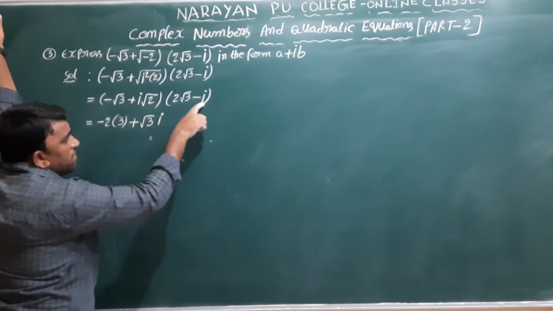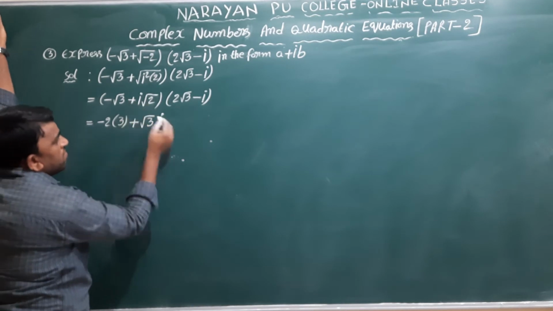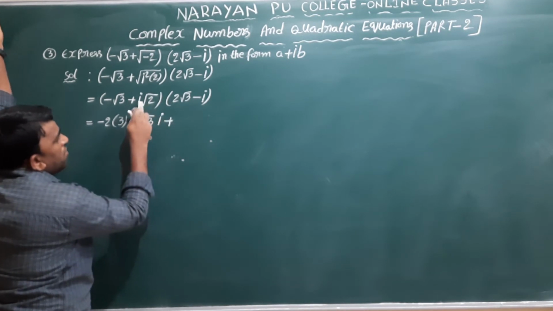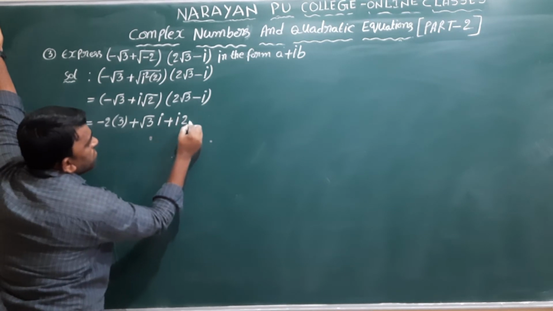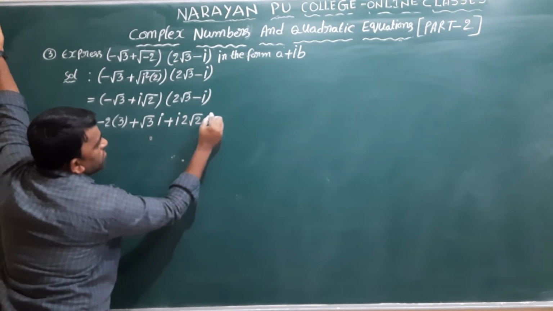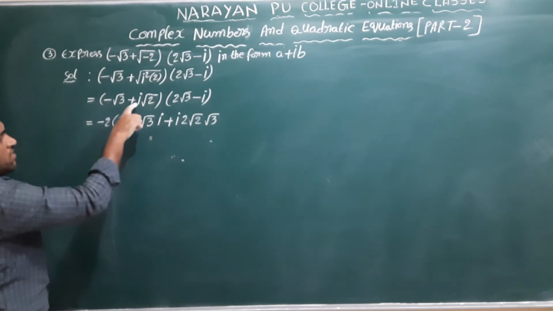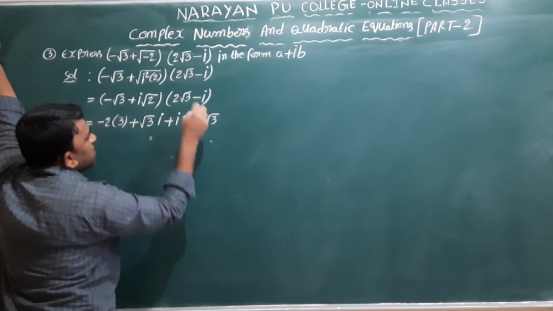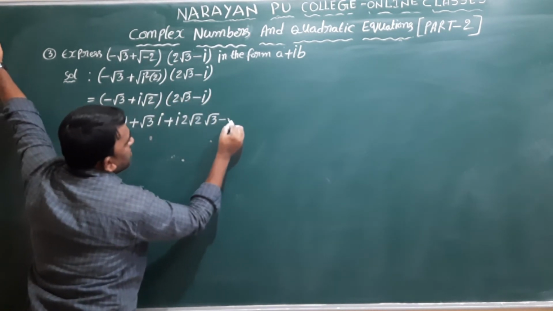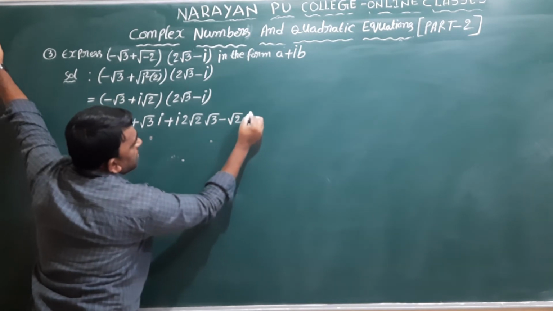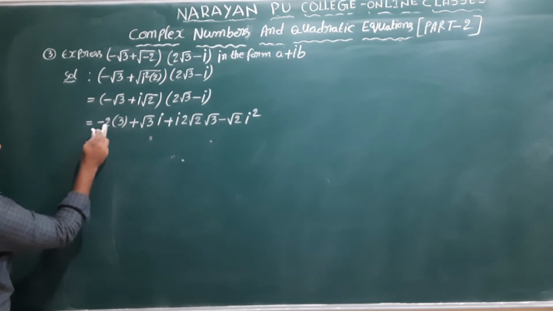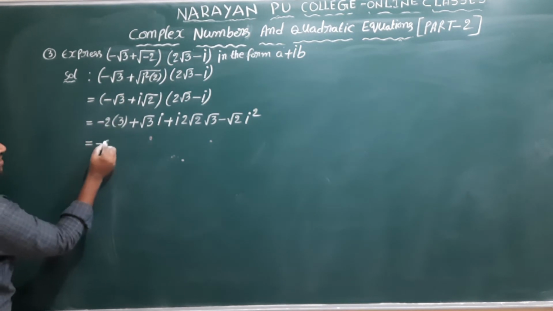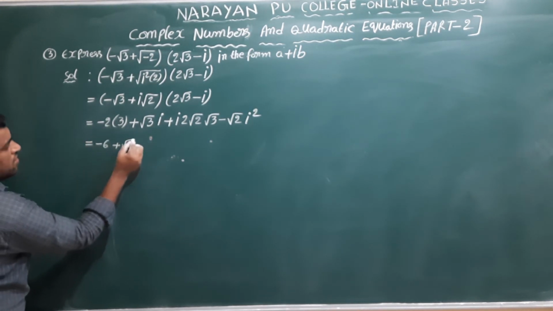Next this complex number multiplies with i root 2: i root 2 into 2 root 3 is i 2 root 2 into root 3. Next i root 2 into minus i, plus into minus is minus root 2 i into i square. So minus 2 into 3 is minus 6 plus root 3i.